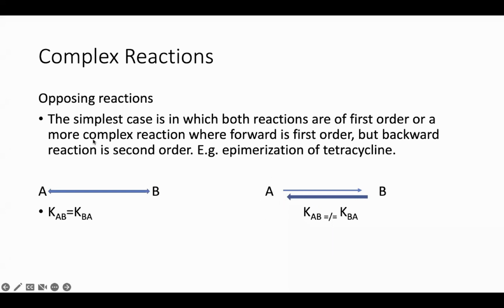An example of this reaction is epimerization of tetracycline. Tetracycline exists as epimers, right? So its change between its states is very, very rapid. So you have epimerization of tetracycline as an example of opposing reactions.